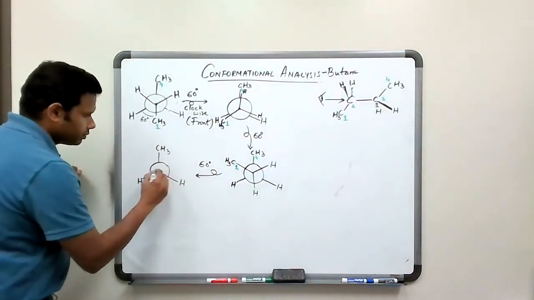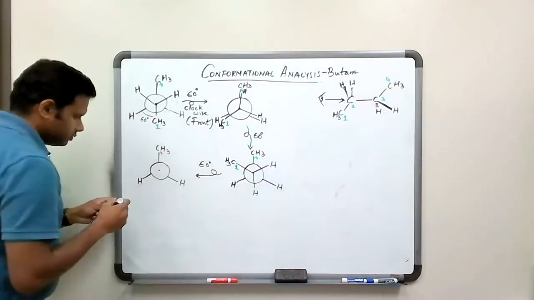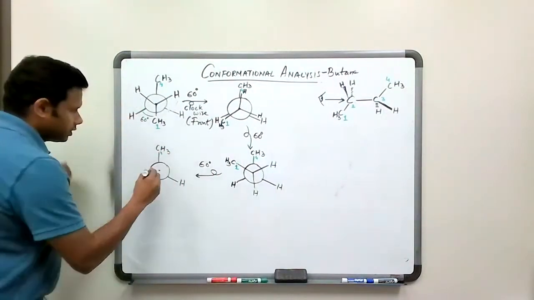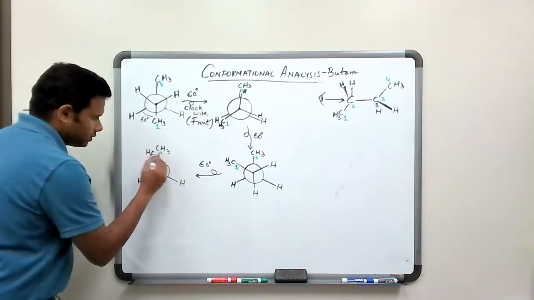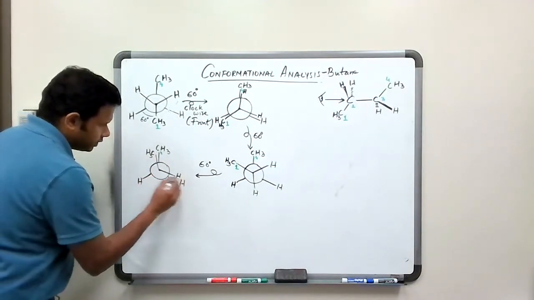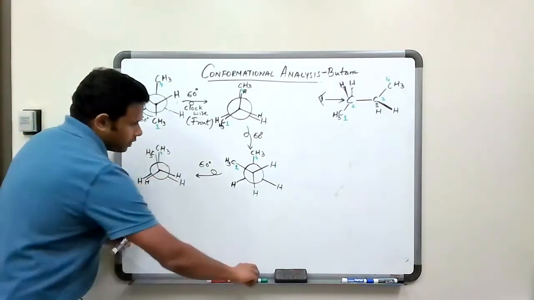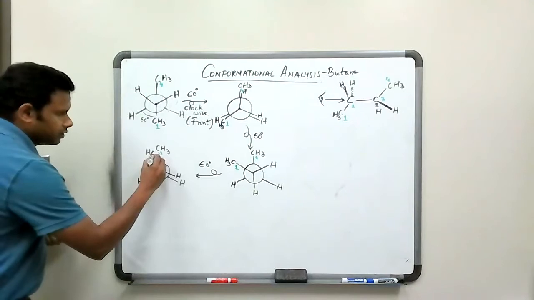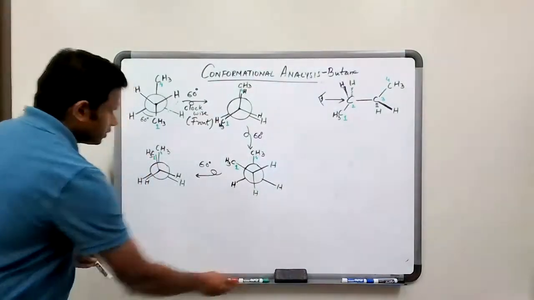And the front carbon, okay, this is C4. On the front carbon, we have CH3, hydrogen, and hydrogen. Okay, and so this carbon here is C1. So we have C1 and C4 over there.